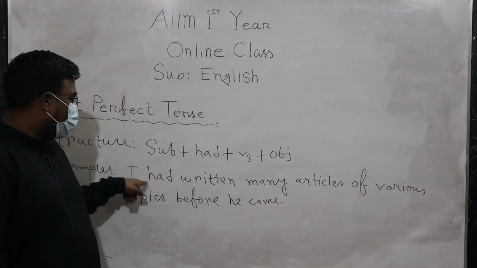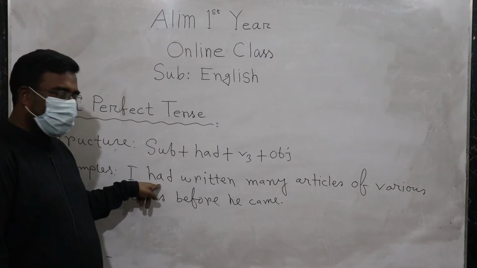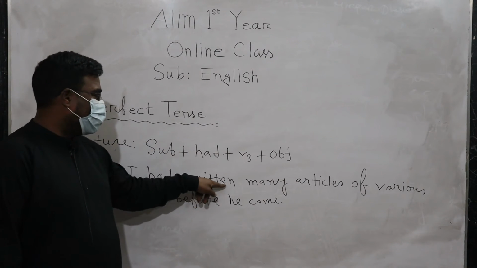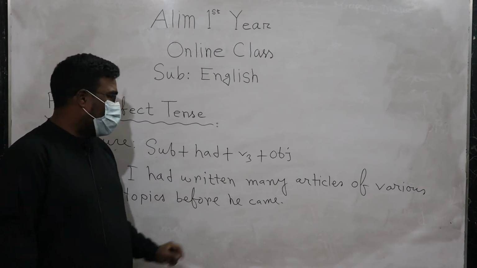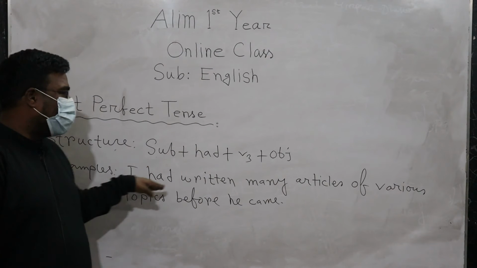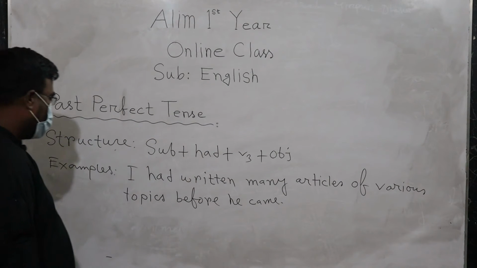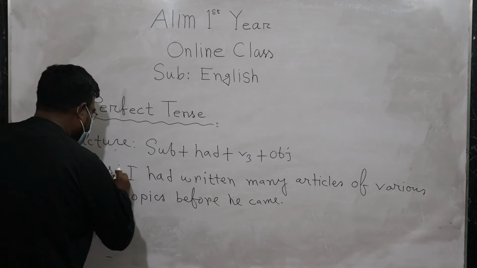So subject, here I, then had, the auxiliary verb, and verb 3 written: write, wrote, written. Here written is the third form of the principal verb. That's why it's past perfect tense. Okay. So it was number 1.